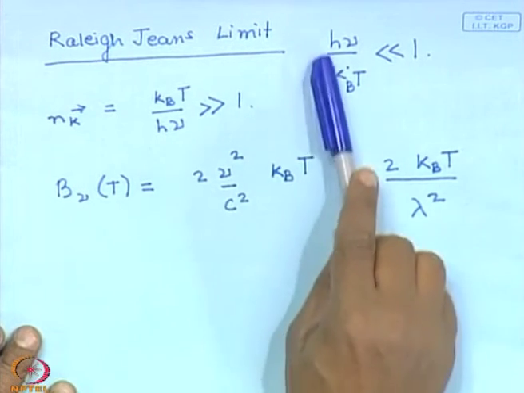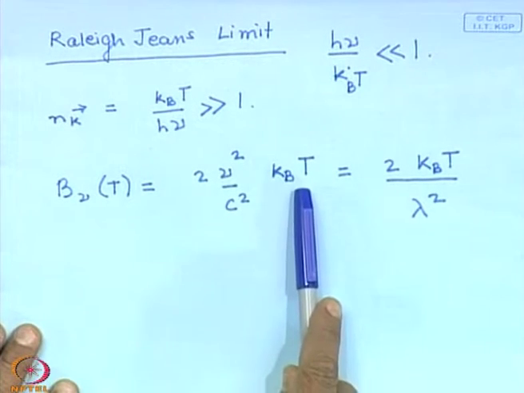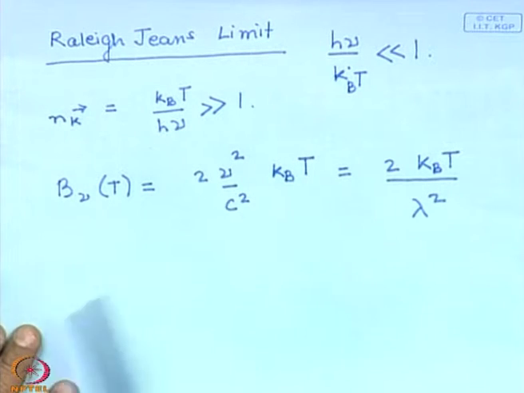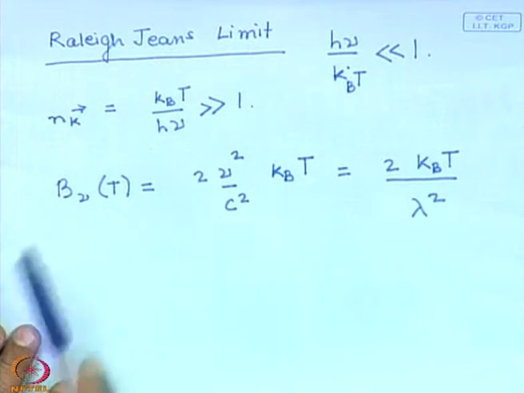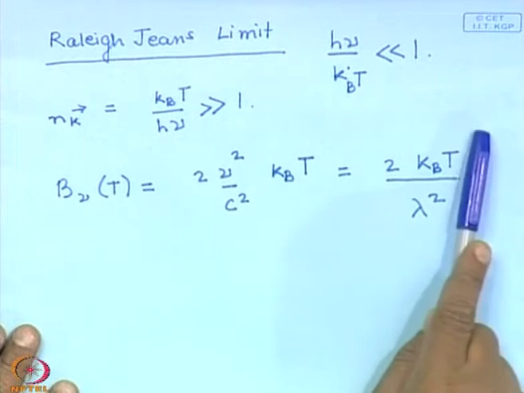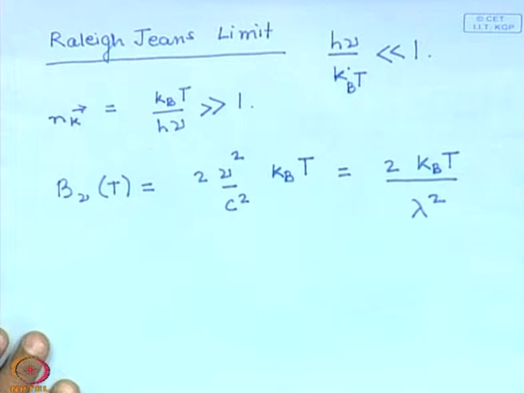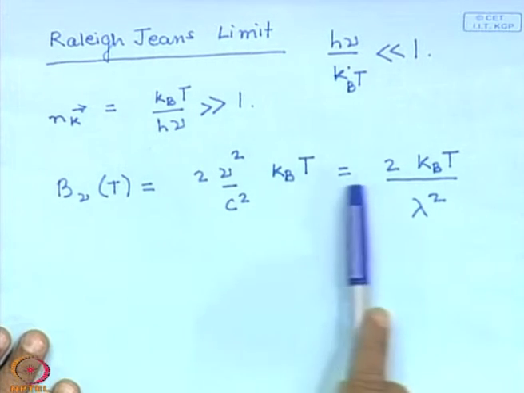This works as long as you are in this regime, and it is linearly proportional to the temperature. So, if you make the temperature twice, the energy contained will also just double.